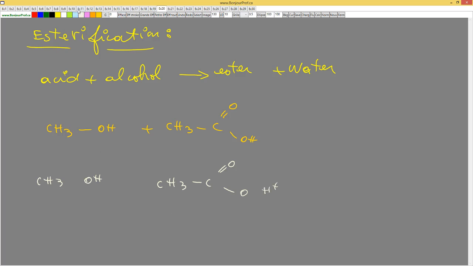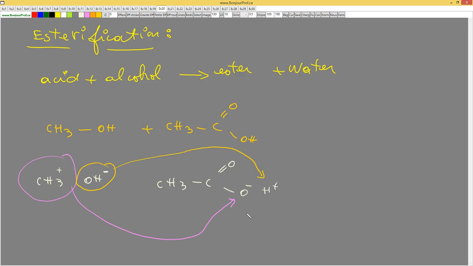This is minus and this is plus because it is an acid. This OH will be broken. This one is an alcohol, this one will be broken; this one will be plus and this one minus. And what will happen again? Double displacement. This H plus will go with the negative here, and this negative here will go with this positive here.